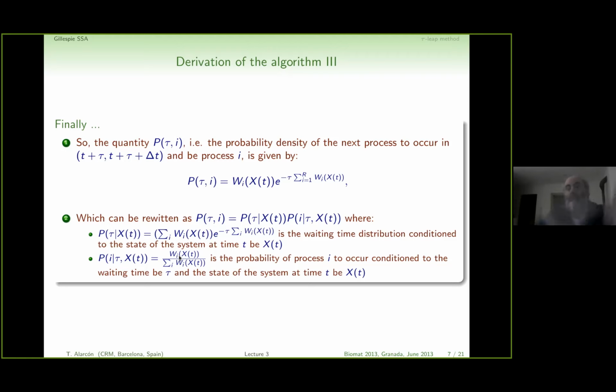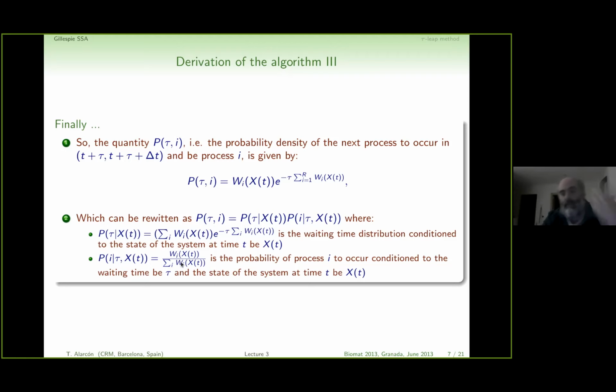Once you have waited the time prescribed by sampling this probability distribution, you have to choose which of the possible things that can happen to your system is going to happen. The probability p of I, conditioned to these two things, tells you which one of the processes that can affect the state of your system is going to happen.